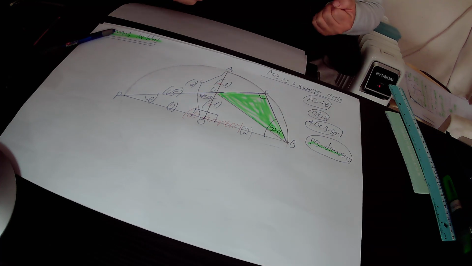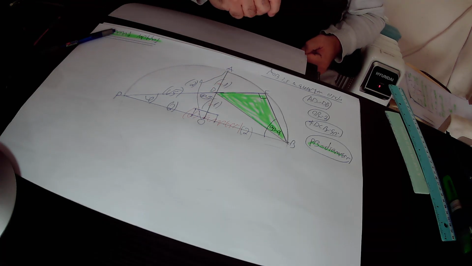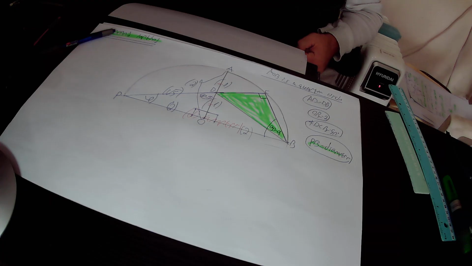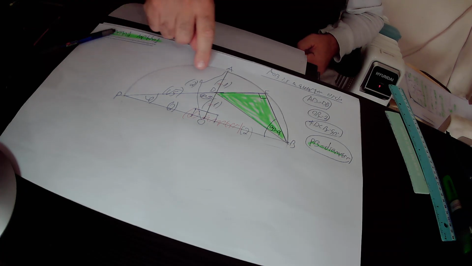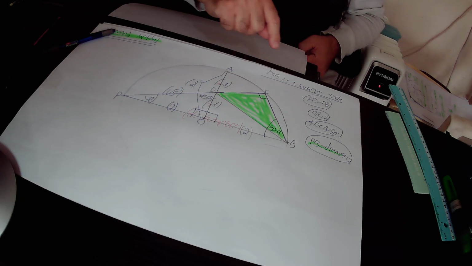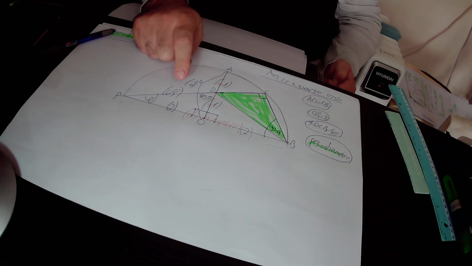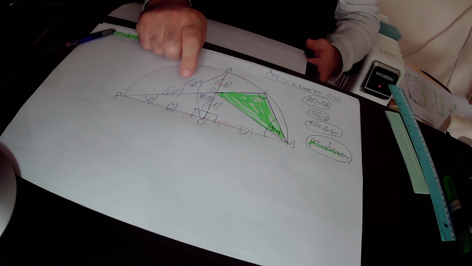So I find out that all three angles of this right triangle PDO are equal to all three angles inside this right triangle PCB. And therefore those two right triangles are similar to each other according to the angle similarity rule.